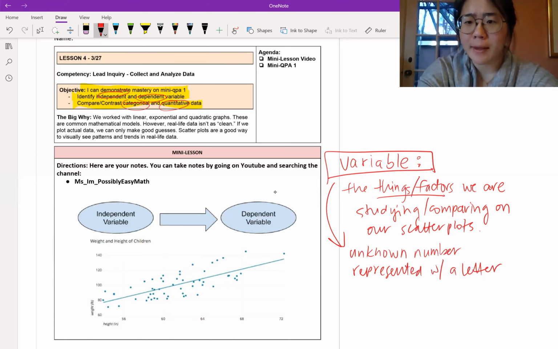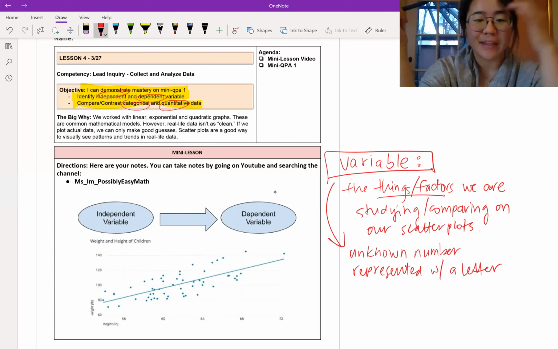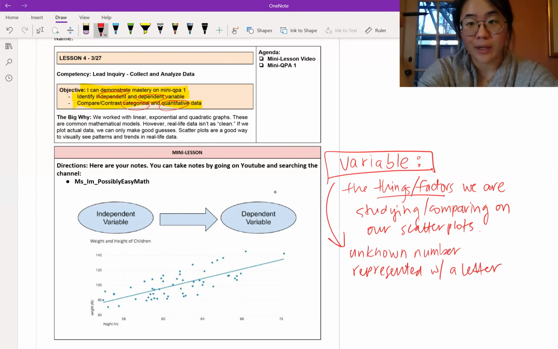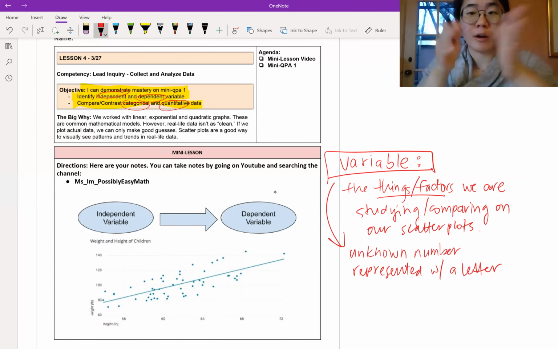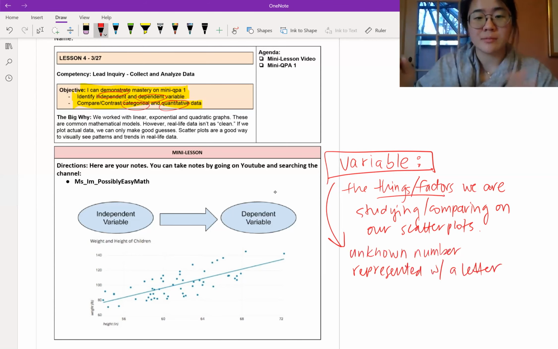So when I say independent and dependent variable, I'm actually talking about actual things too. In this case, we're gonna talk about height and weight. And the numbers that we collect that are unknown are gonna be measurements of height and measurements of weight, okay? But how do we tell which one between height or weight is independent or dependent?